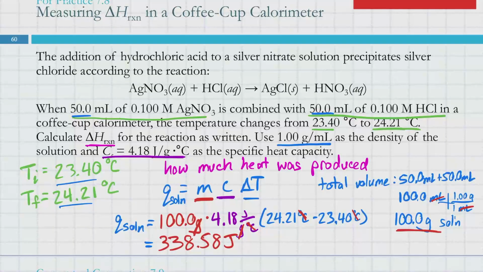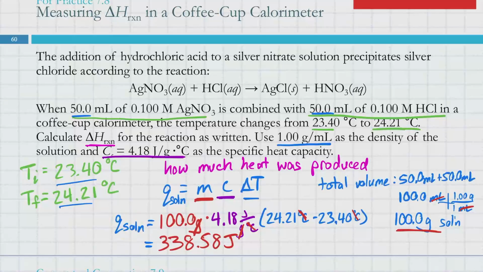Is this our delta H of the reaction? Any guesses? It should be negative. So the value that we found is our Q of solution.